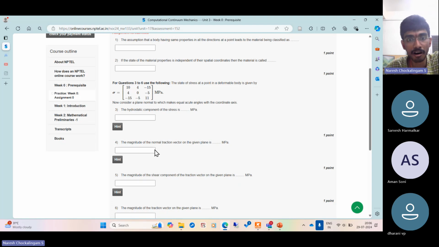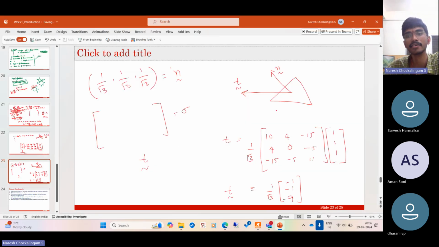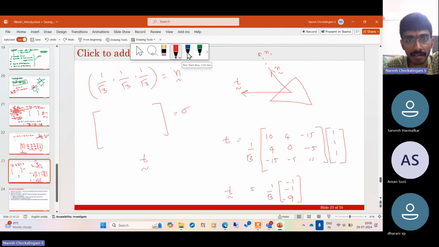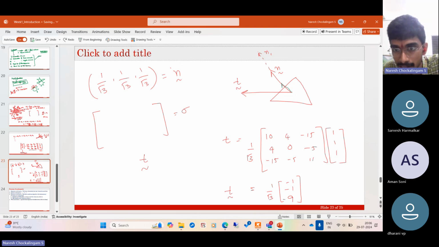Now the magnitude of the normal traction vector on the given plane. So this traction you can resolve. This is the normal axis. Let us call this the normal direction.